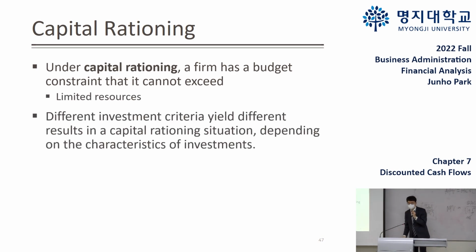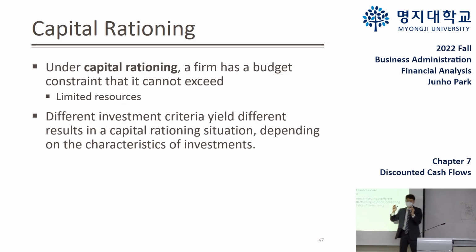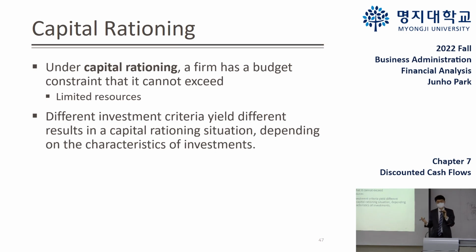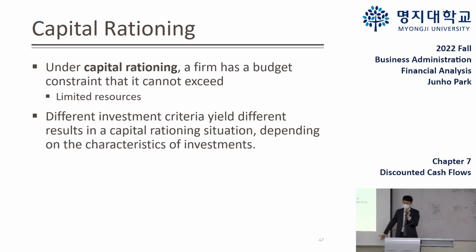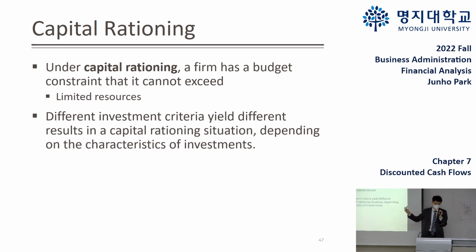In this capital rationing situation, even though in other situations without capital rationing, usually all three measures of investment criteria give the same result. For example, the net present value approach, internal rate of return, or the PI or the BCR give the same conclusion.